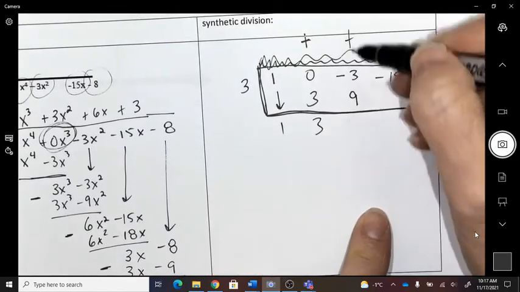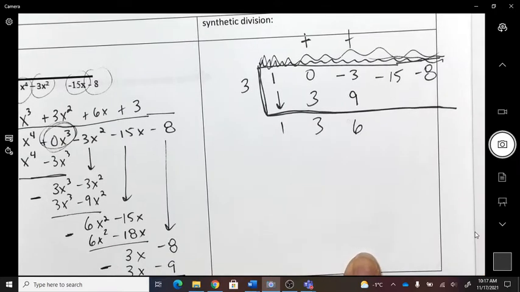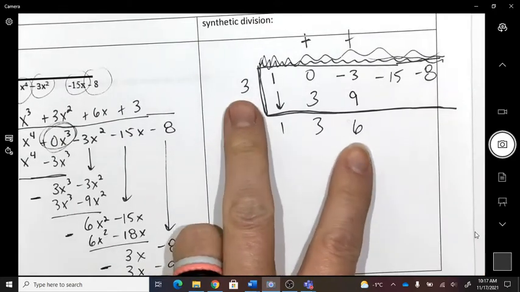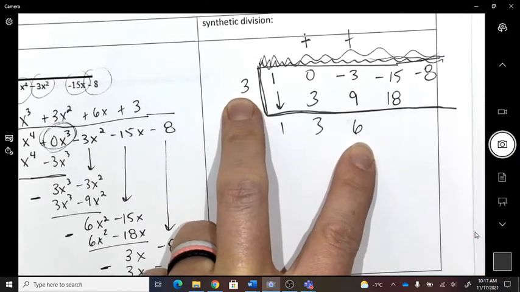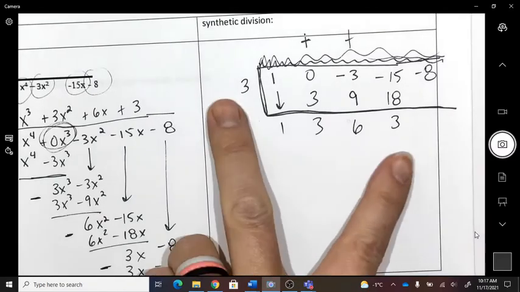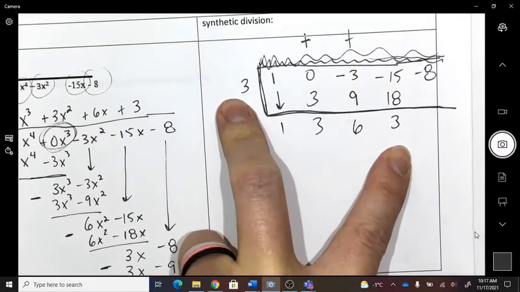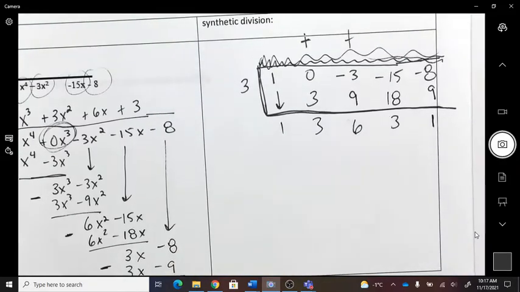Add, what does this column add to? 6. Multiply, 18. Add 3. Multiply, 9. Add 1.